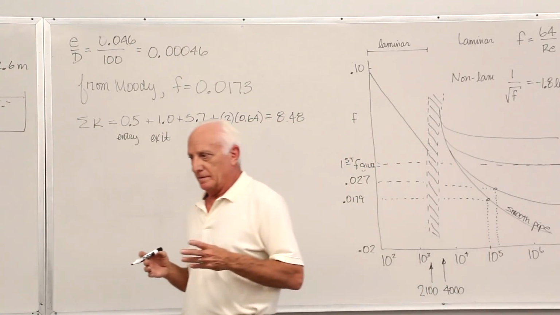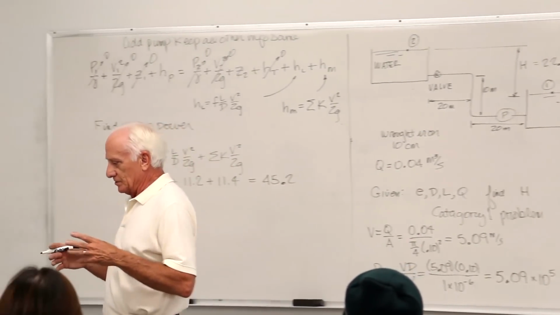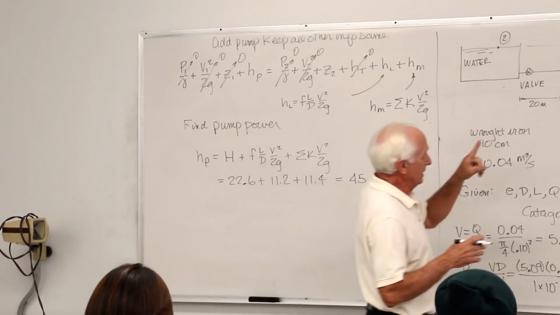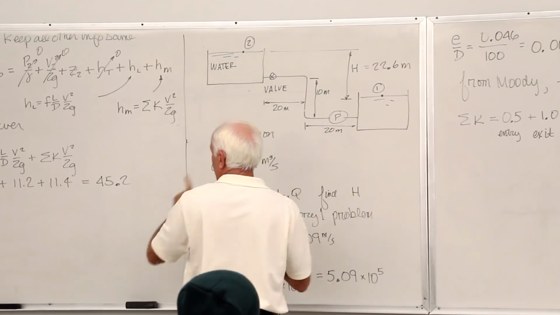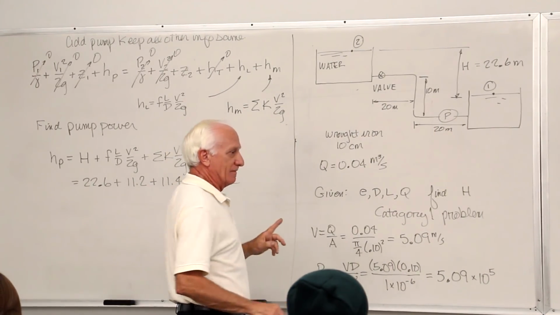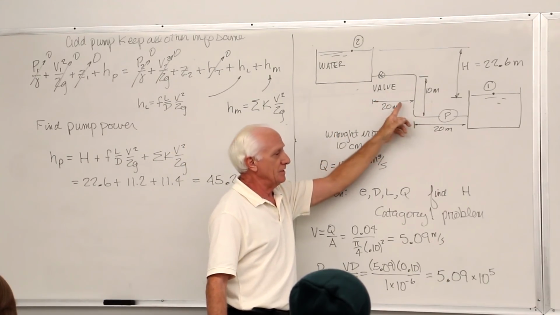Let's talk about the energy that the pump provided. The pump is being driven by a motor. The pump is trying to do something to the fluid. What's it doing to the fluid? Number one, it's raising its potential energy from point 1 to point 2. Okay, there it is. What else does the pump have to do? Oh, it has to overcome friction because there's friction in these wrought iron pipes.